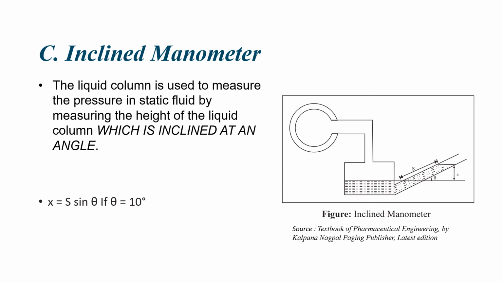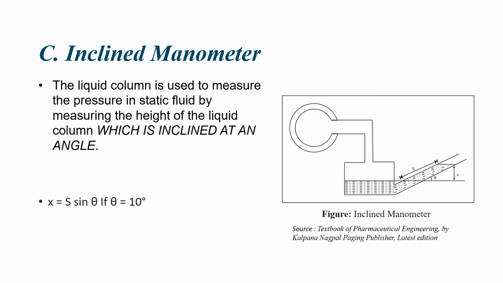The third subtype of liquid column based manometer is an inclined manometer. The only difference between the simple and inclined manometer is that the second arm, which was straight in the case of simple manometer, is now inclined to an angle theta, and accordingly the height that we took as h is now replaced with the term x.